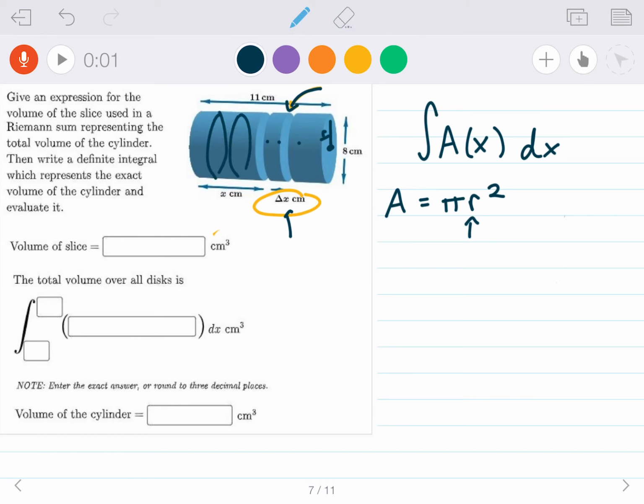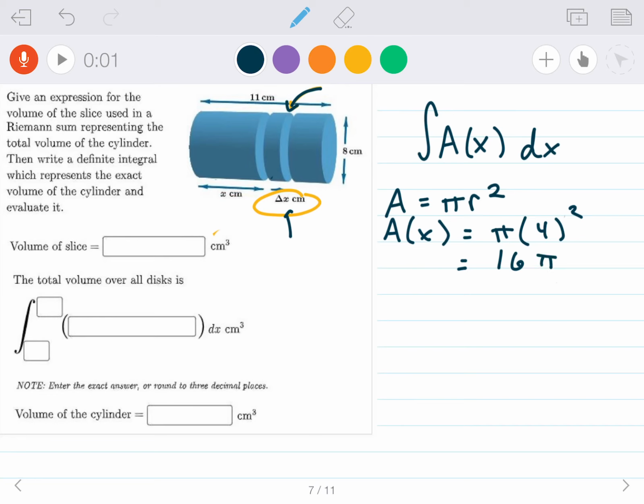And I hope you guys can see this, that the radius is not changing with respect to x as we move along the x-axis. So with that being said, A(x) is simply pi times 4 squared, which is 16 pi.